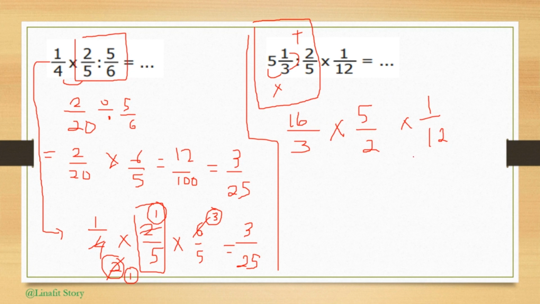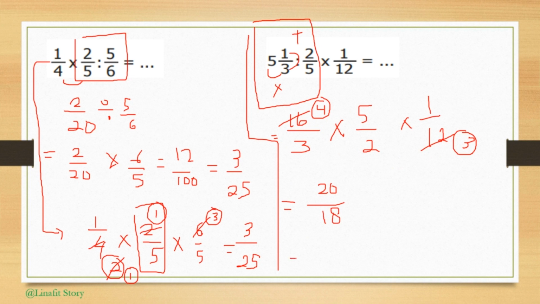Then here you may use the cancellation method between 16 and 12. Divided by 4. So over here, this is 4, this is 3. And then 4 times 5 times 1 equals 20. 3 times 2 times 3, 6 times 3 equals 18.